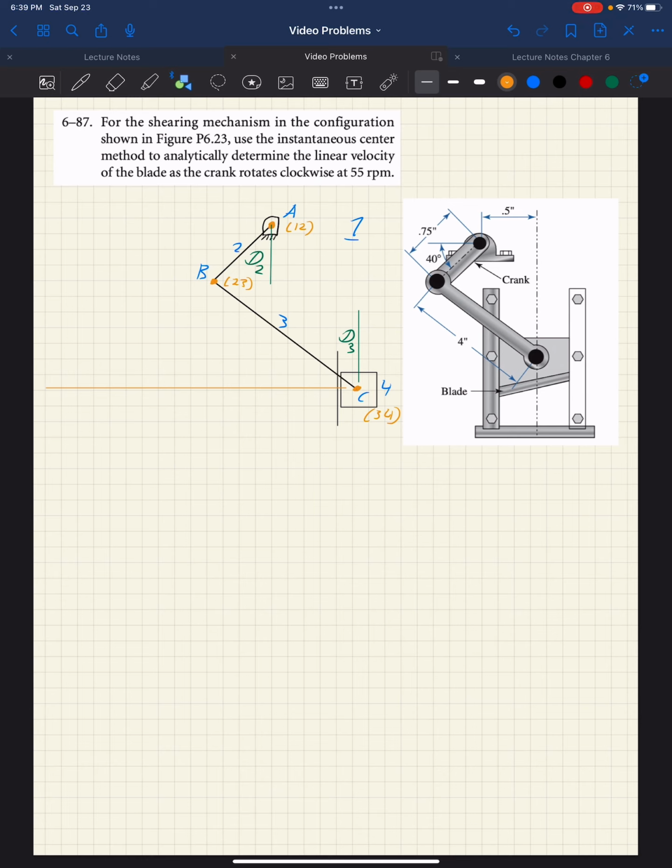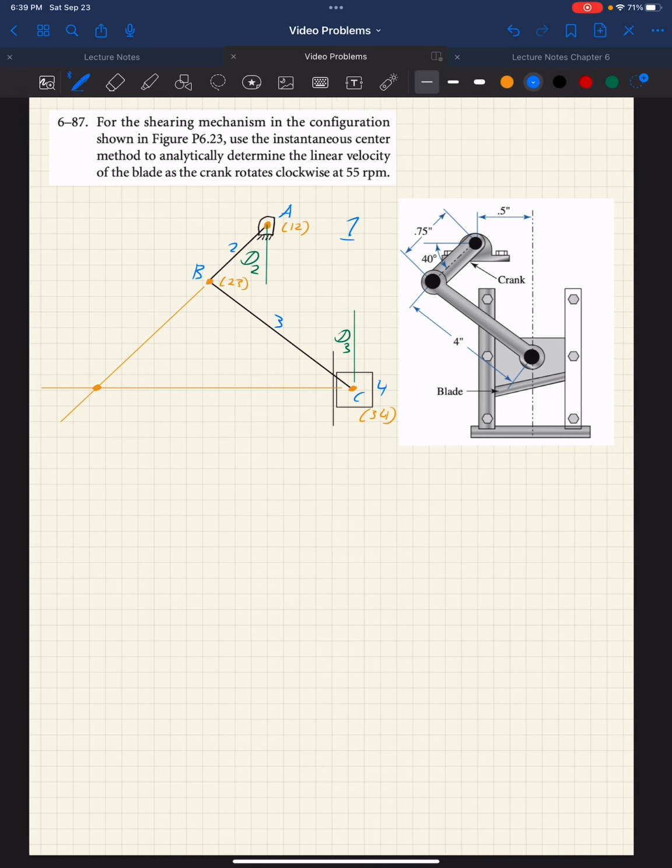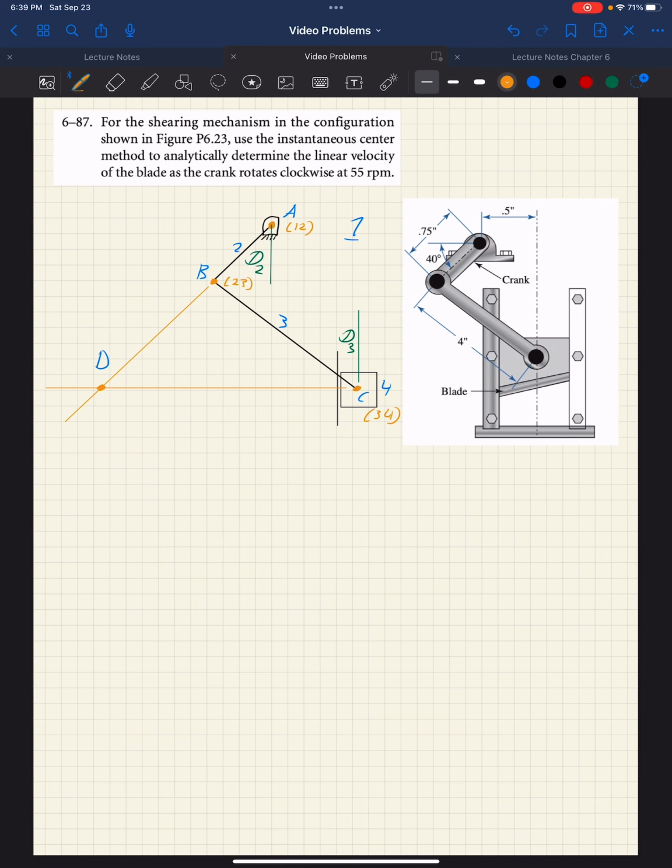And using Kennedy's theorem, we have two instantaneous centers here, 1, 2, and 2, 3. So we know that the instantaneous center 1, 3 is going to be in a straight line based off of those, and we get a nice intersection point. We'll call this point D, but it's the instantaneous center 1, 3. Okay, so we have that.